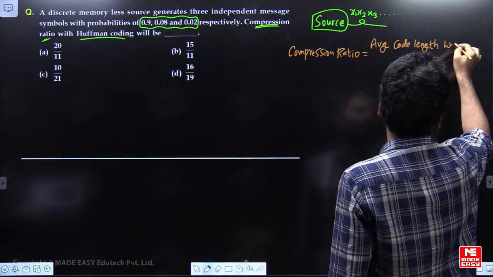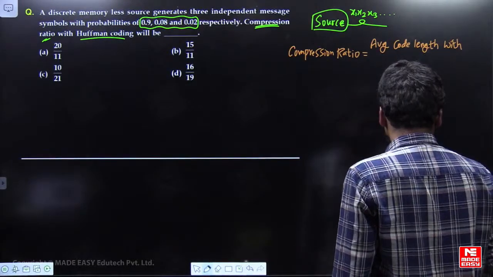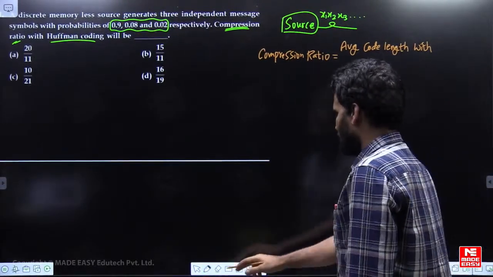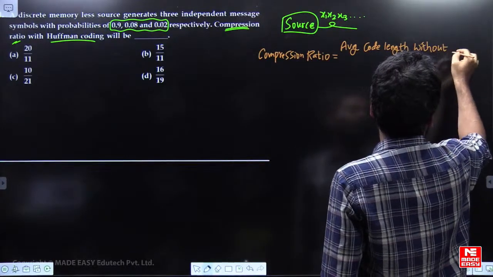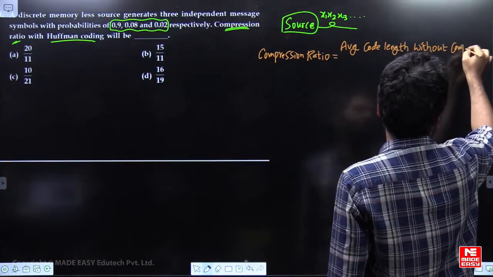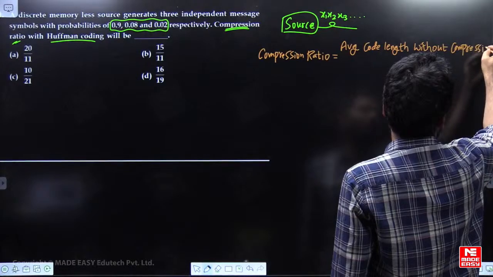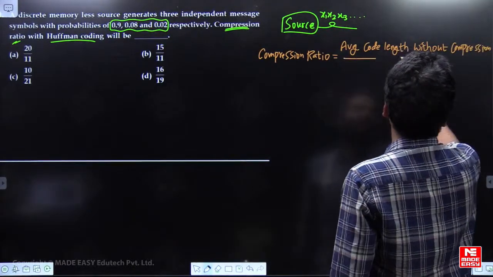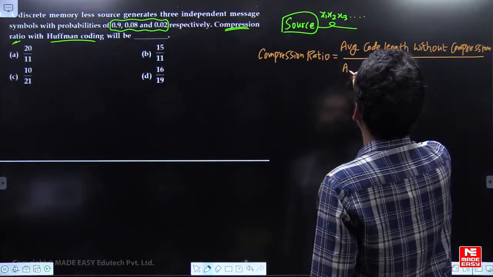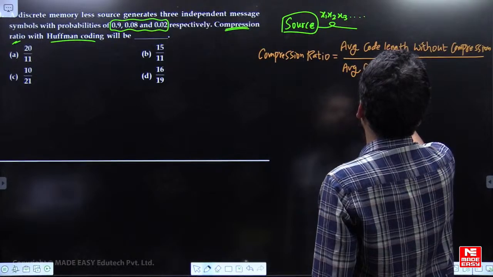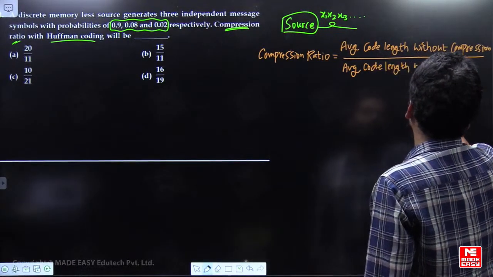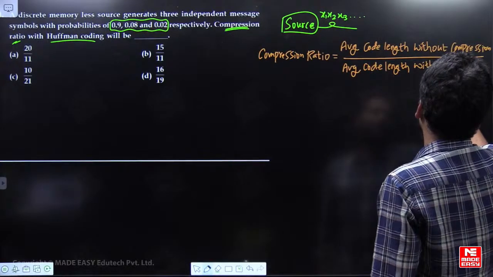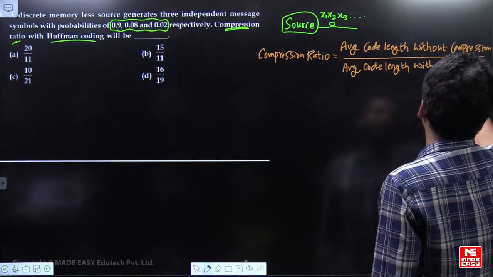The formula is: average code length without compression upon average code length with compression.